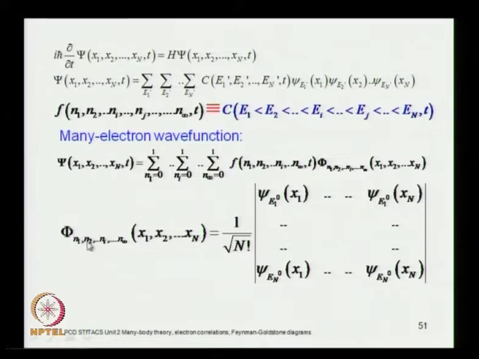So your n particle fermion state is given by these elements of the Slater determinant. This is a normalized Slater determinant, as you can see, given the fact that we are dealing with single particle normalized states. So these elements of the Slater determinant are single particle normalized states of some one particle operators.